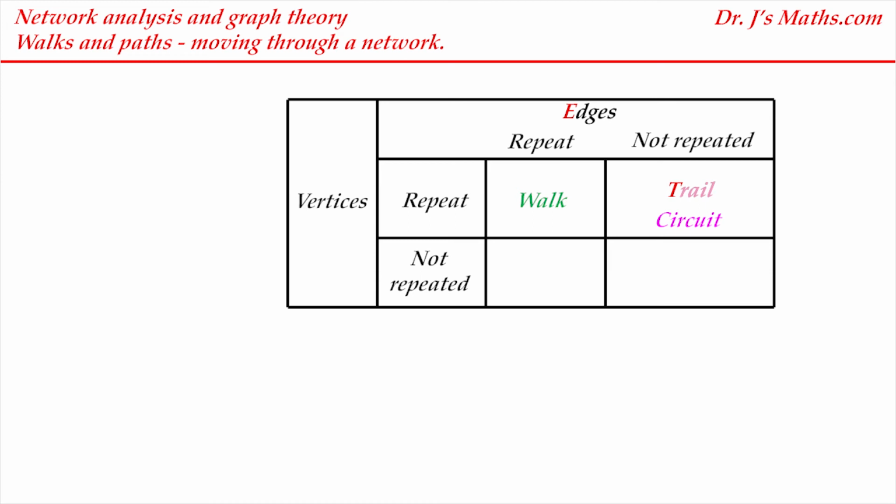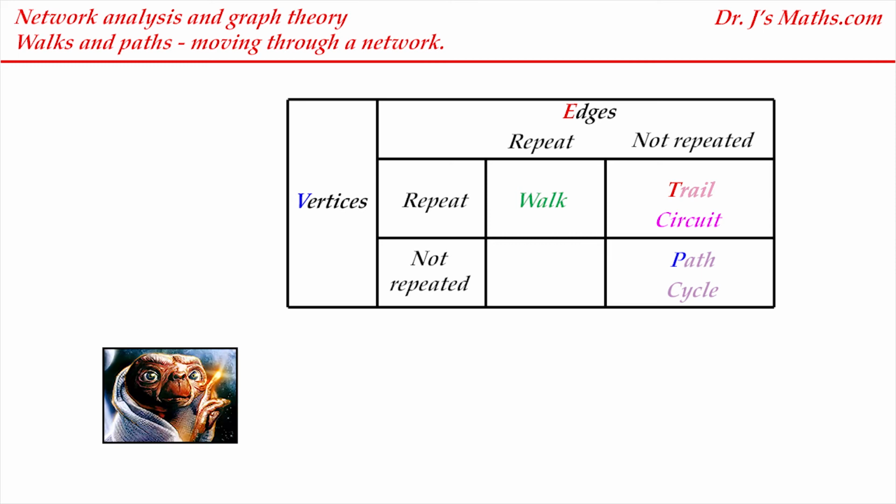Now, if the vertices are not going to be repeated, and therefore the edges are not going to be repeated, we can have either a path or a cycle. So we've got to get those around the correct way. And we go back to the red letters, ET. Who is ET? The guy who's got a message for you.